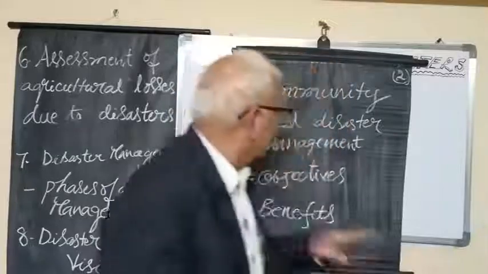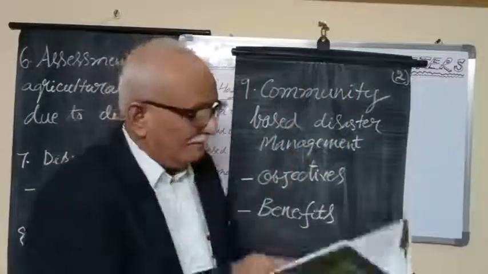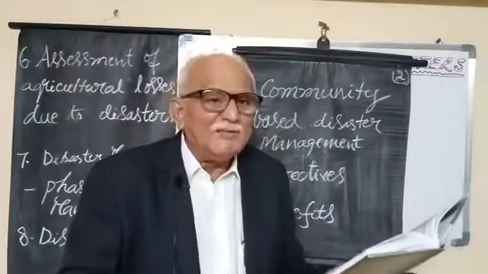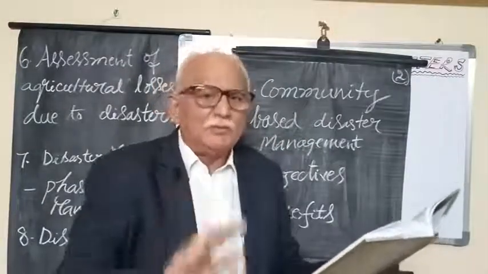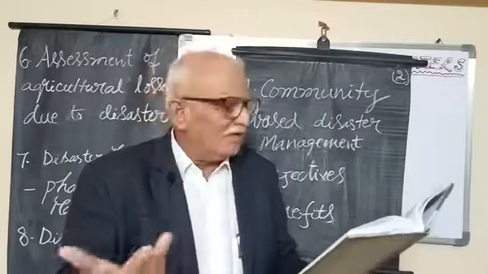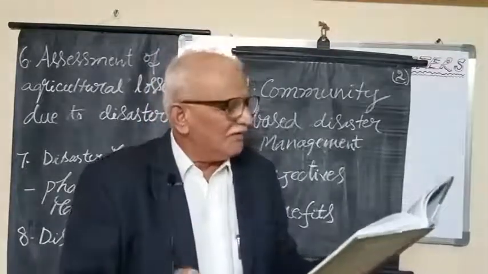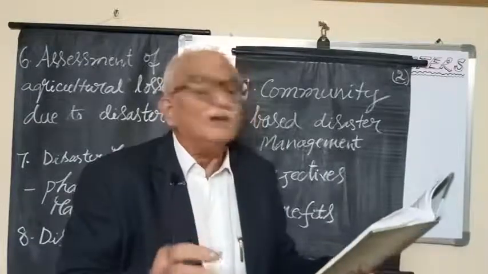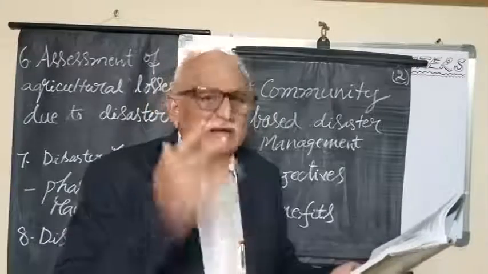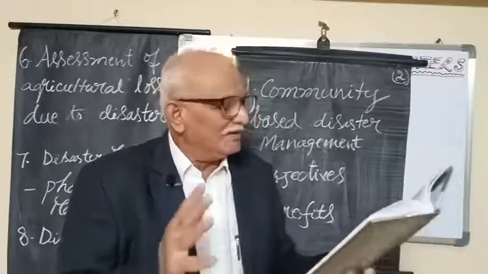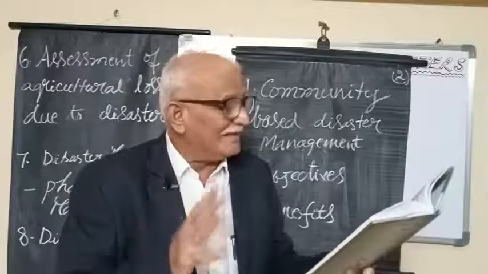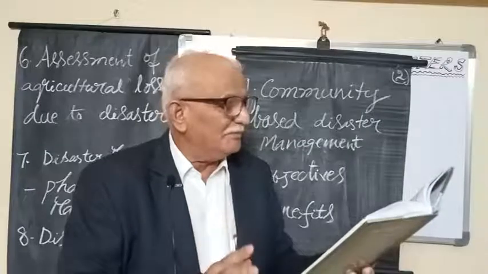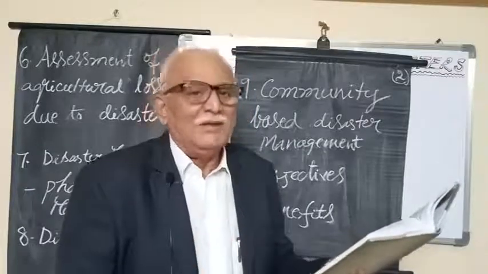So let us see first the objectives of community-based disaster management. This is a new approach actually. The first objective is to prevent avoidable losses of life. To minimize human suffering, to alert and inform the public and authorities of impending risks and encourage activities to mitigate the same, and to minimize property damage and economic loss.